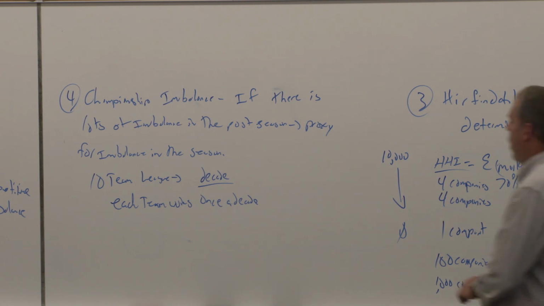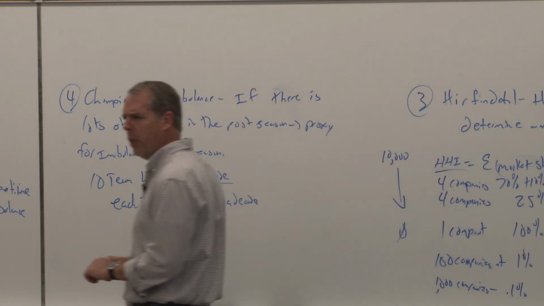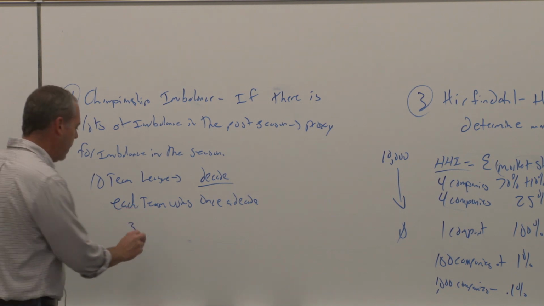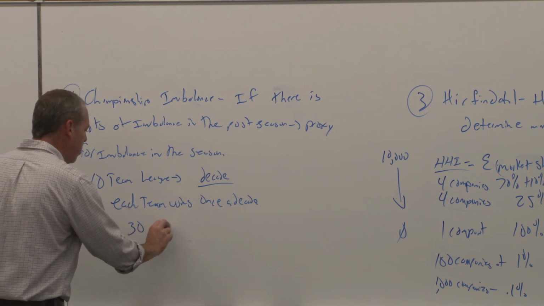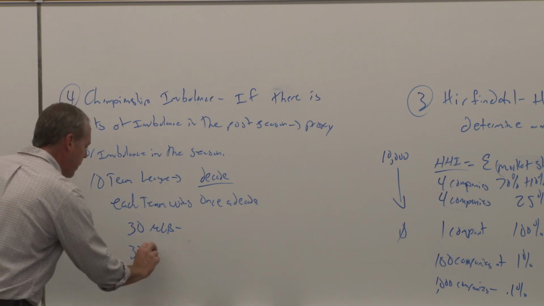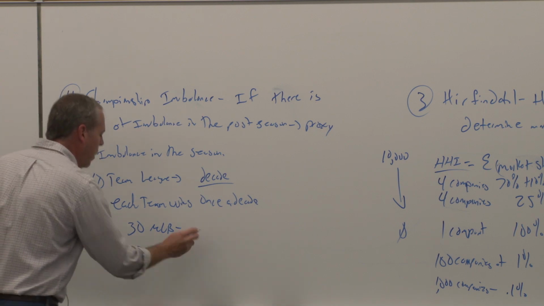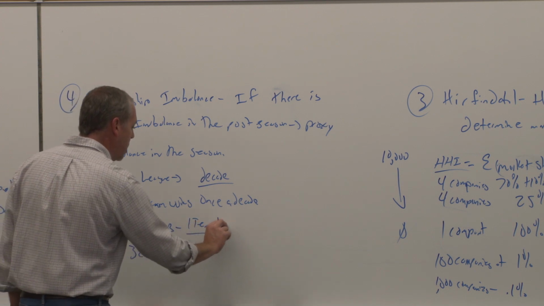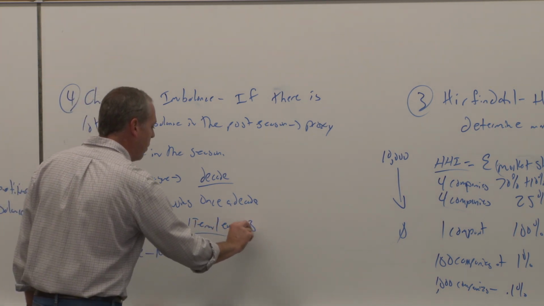So if we have, what do we have in baseball? 32 teams, is that right? 30. Is it 30? So if we have 30 in our Major League Baseball, 32 is NFL. We should see one team winning about every 30 years.